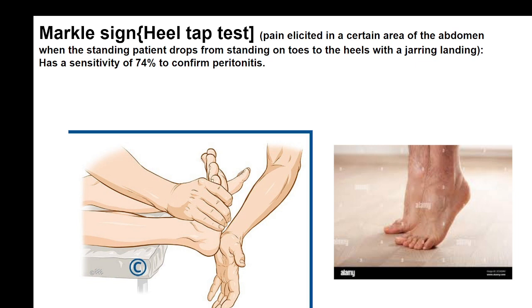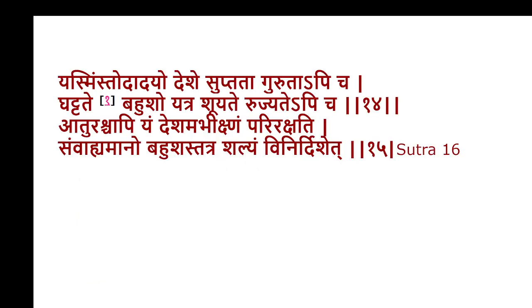Now, these signs are characteristically seen in all cases of peritonitis, not only appendicitis, but if you have the other positive history of pain in the abdomen, then it can be considered as appendicitis.